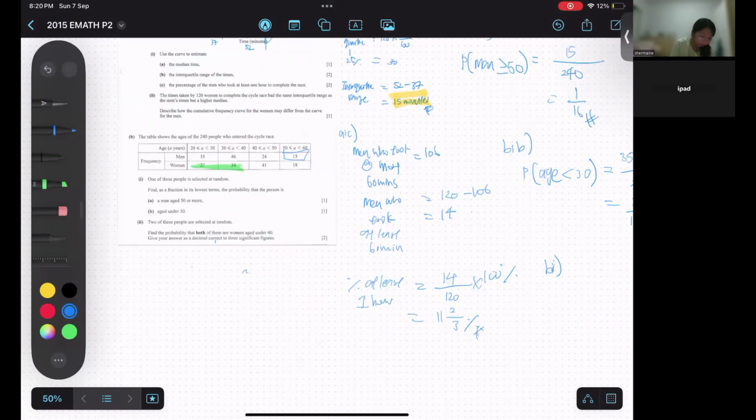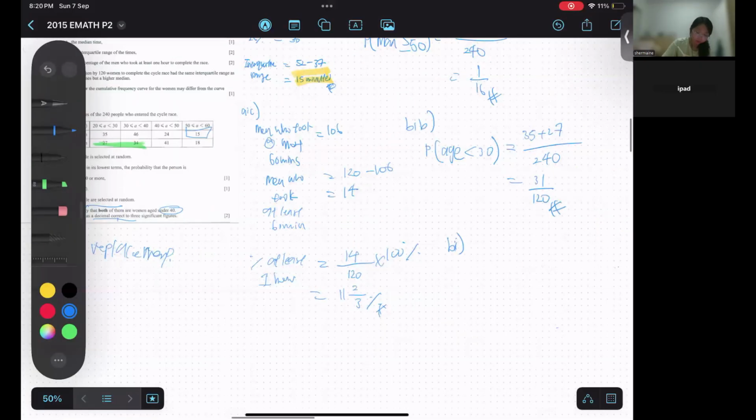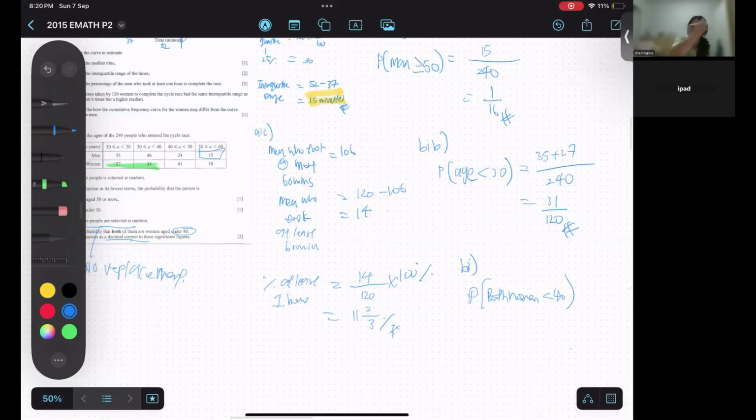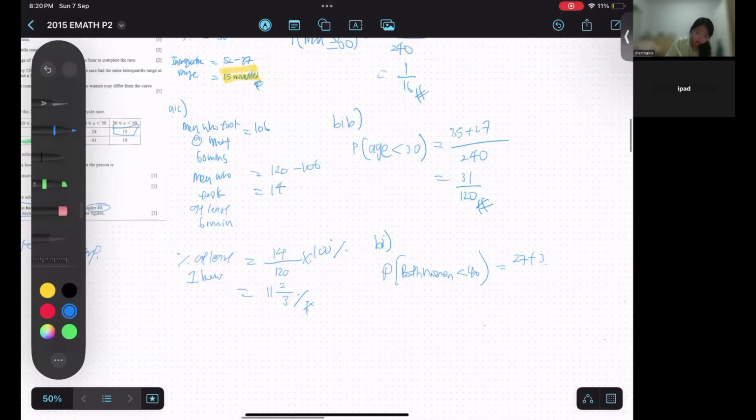Two people are selected at random, both of them are women aged under 40. Give your answer as a decimal. Okay. So since two of these people are selected at random, there is no replacement. So probability that both are women under 40, highlighted in green, those are the numbers you should look at. So you have 27 plus 34 over 240 times 27 plus 34 minus 1 over 239.